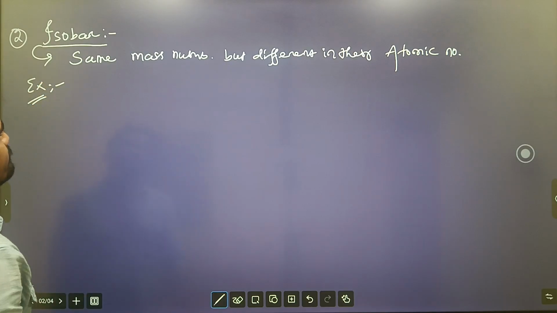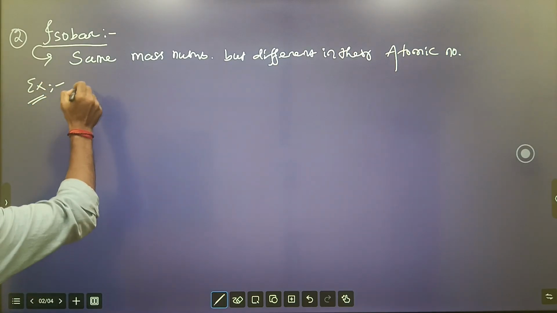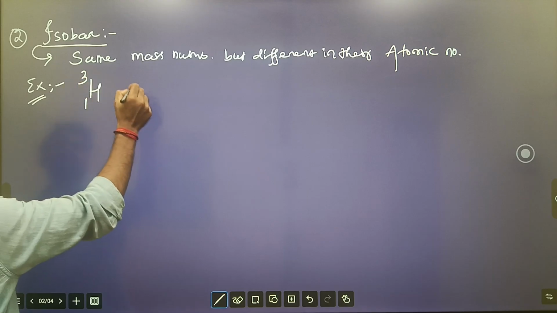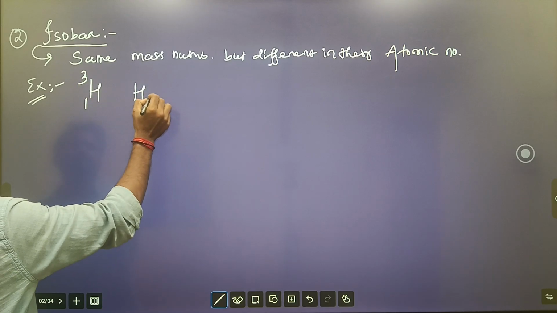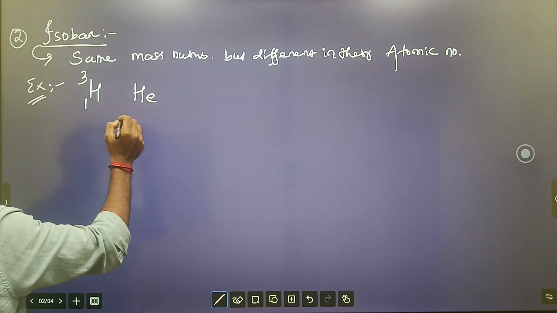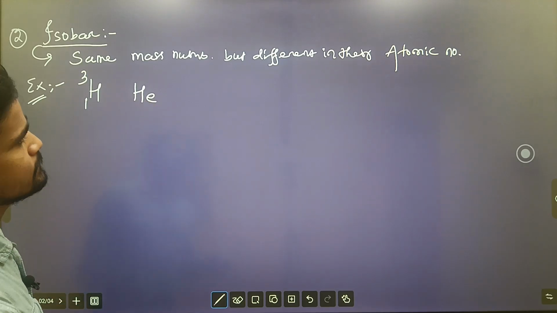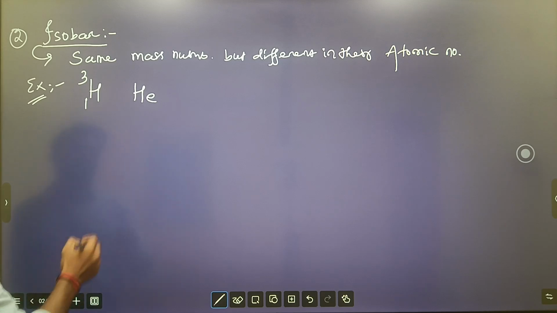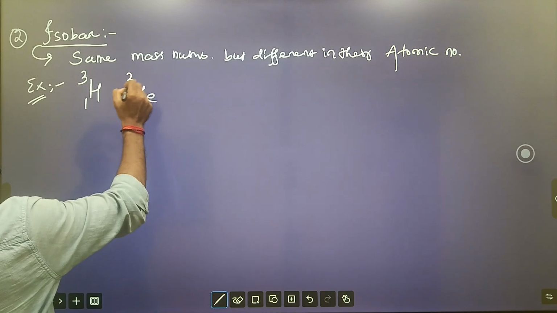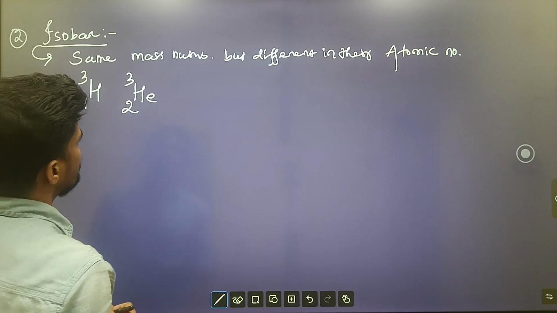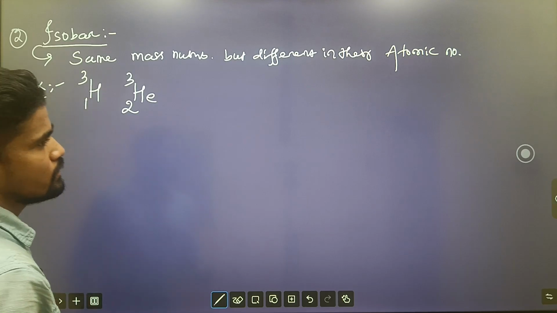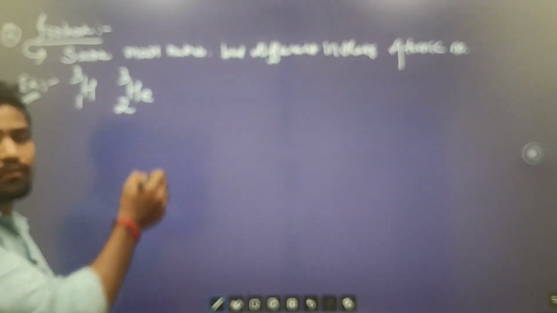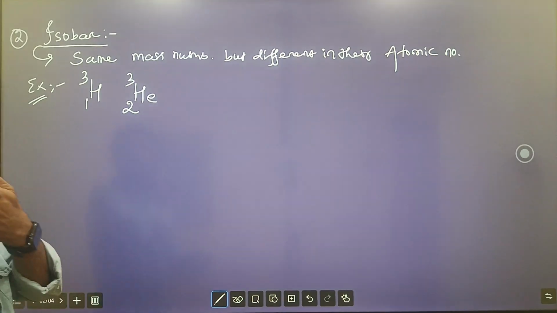H 1 3 and He 2 3. Here the mass number is the same. Helium 2 3 is one of the isotopes of helium, and we are comparing between them.